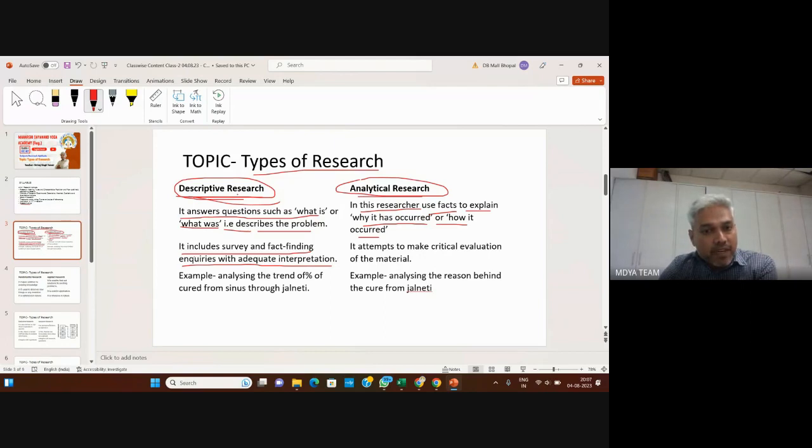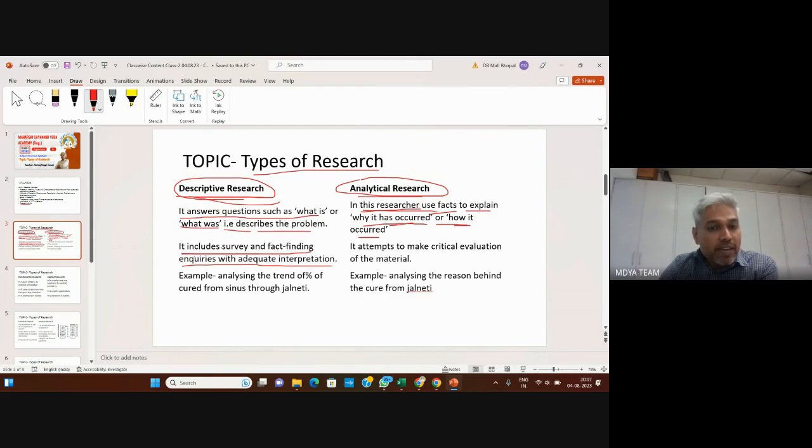So descriptive research answers questions such as what is or what was. That describes the problem, right? In analytical research, what it says is that the researcher uses facts to explain why it has occurred or how it occurred. Next, it includes survey and fact.